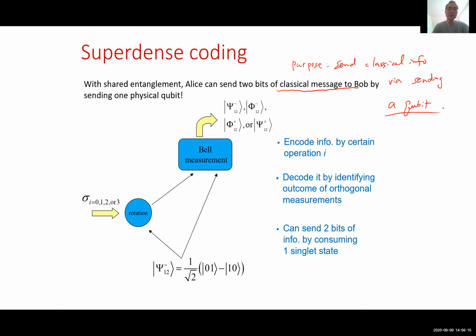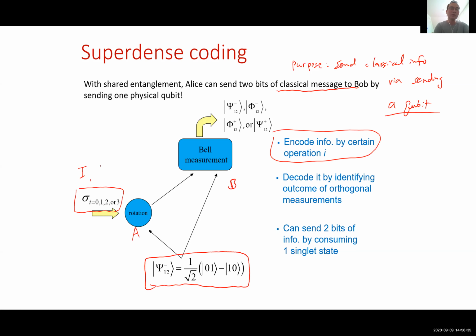How this goes is, suppose you have any of the 4 Bell basis states shared between Alice and Bob, and what Alice wants is to encode a message. She does that by applying either identity or Pauli X, Pauli Y, or Pauli Z, and this in turn would actually convert to one of the 4 Bell states.